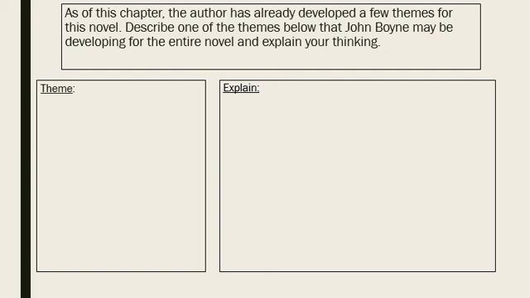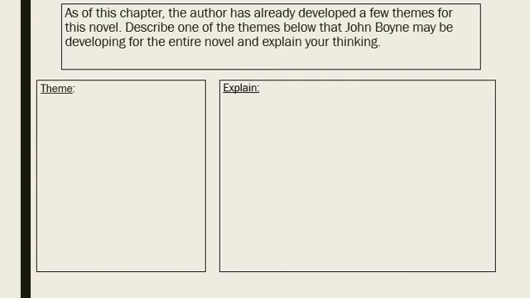Alright, as of this chapter, the author has already developed a few themes for this novel. Describe one of the themes that John Boyne might be developing for the entire novel and explain your thinking. We've already seen Bruno being not necessarily lied to, but his parents aren't as straightforward as they should be with him.